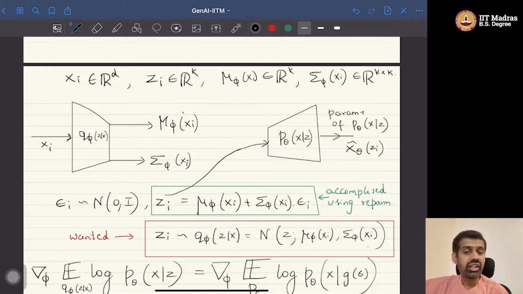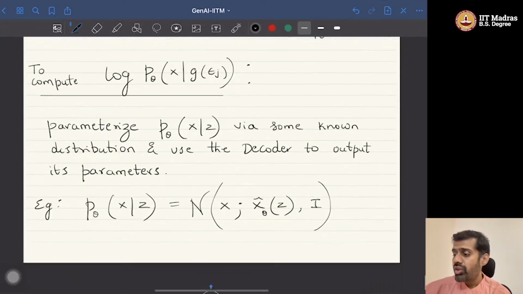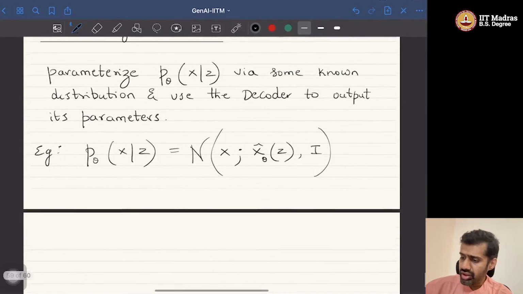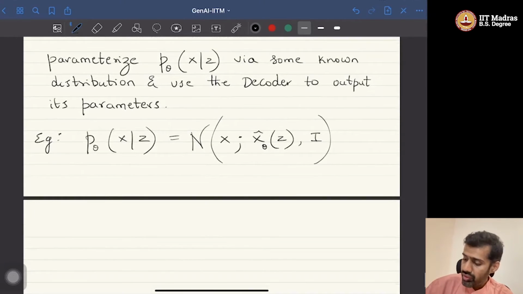So this decoder network is giving you the mean of this distribution p theta of x given z, which is assumed to have a Gaussian form. That is what we are assuming. So now under this assumption, let's see what happens with the above.